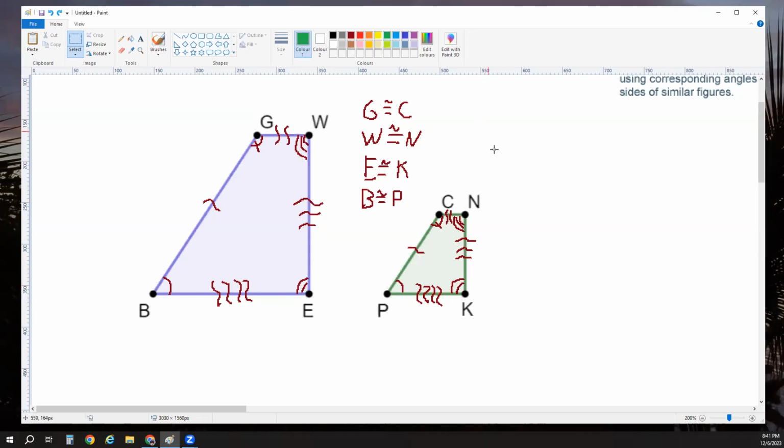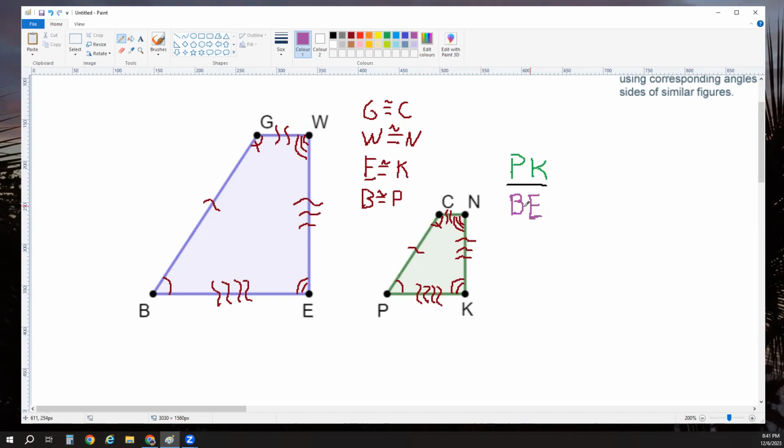So that's going to be PK over BE. That is one set of proportionalities.